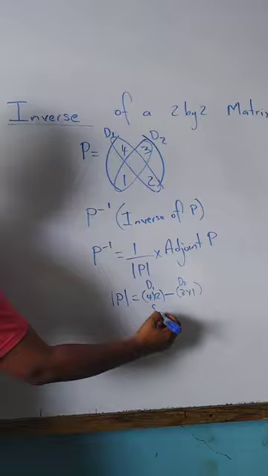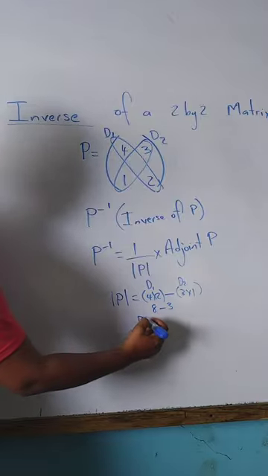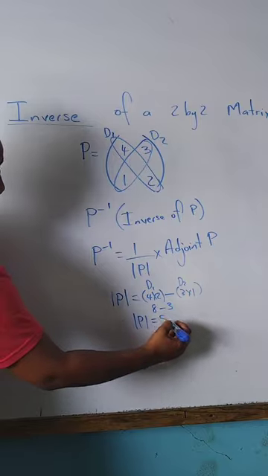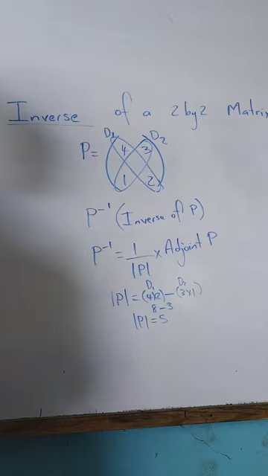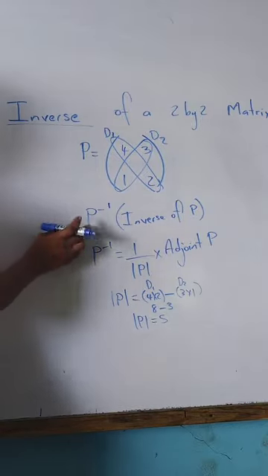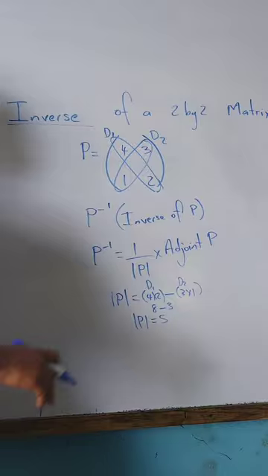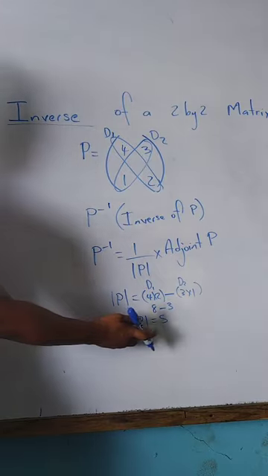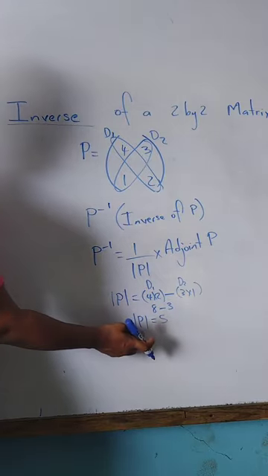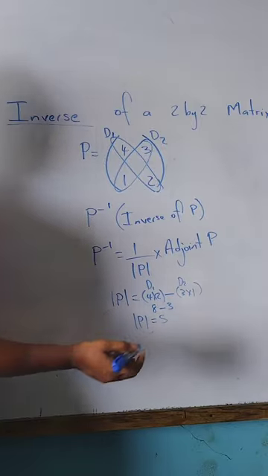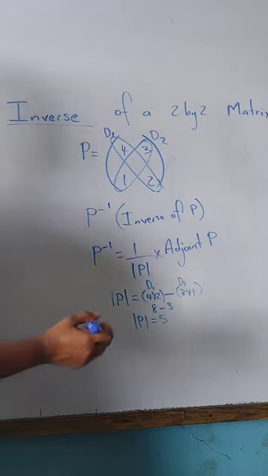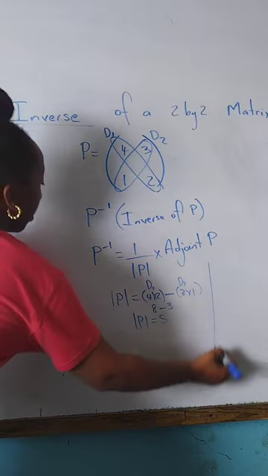That simplifies to 8 minus 3. So the determinant of P is 5. What does that mean? Do you remember? What does it mean about the matrix? Does it have an inverse? Yes, it does. Because the determinant is not 0, it means that P is non-singular, and I can therefore proceed in finding its inverse. So we've found the determinant.